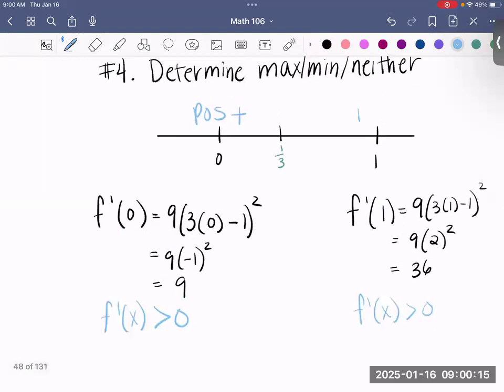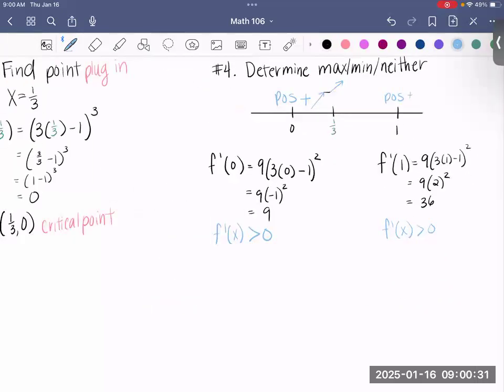So you'll notice that if we went up, flattened, and then went back up, do we have a min, max, or neither? We have a neither situation. So at our point (1/3, 0), we have neither a max nor a min.